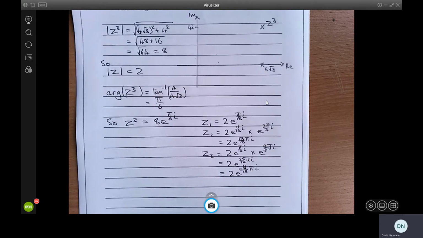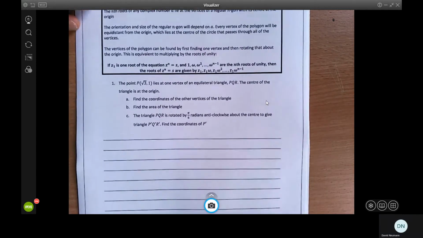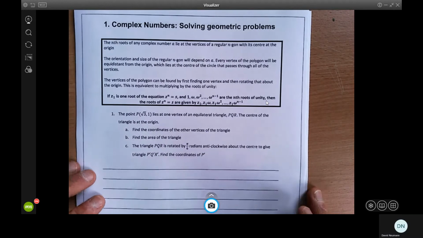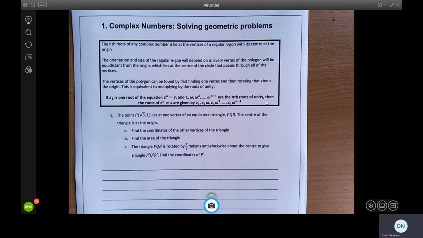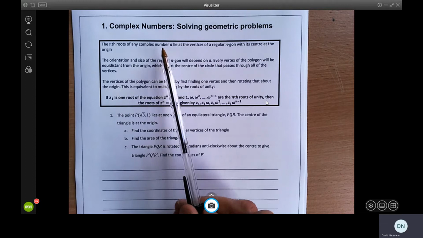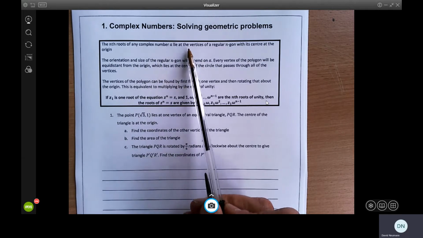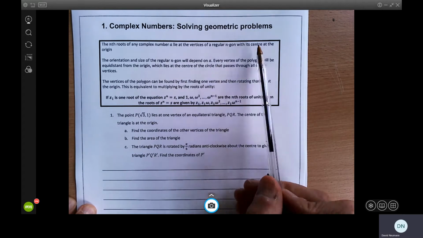We'll just go on now to look at how this can help us to solve a geometric problem. This one on here. So I think I briefly mentioned it. The nth roots of any complex number will lie at the vertices of a regular polygon with n sides, with its center at the origin.